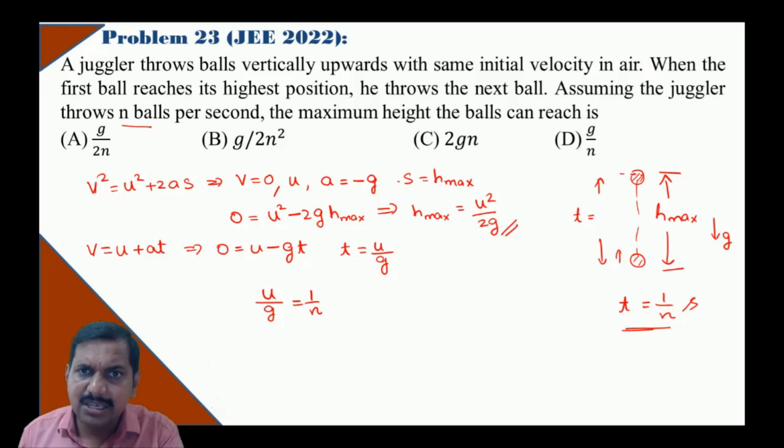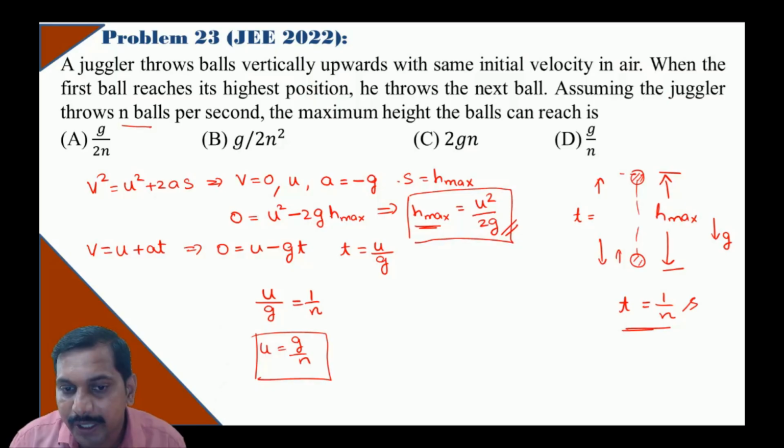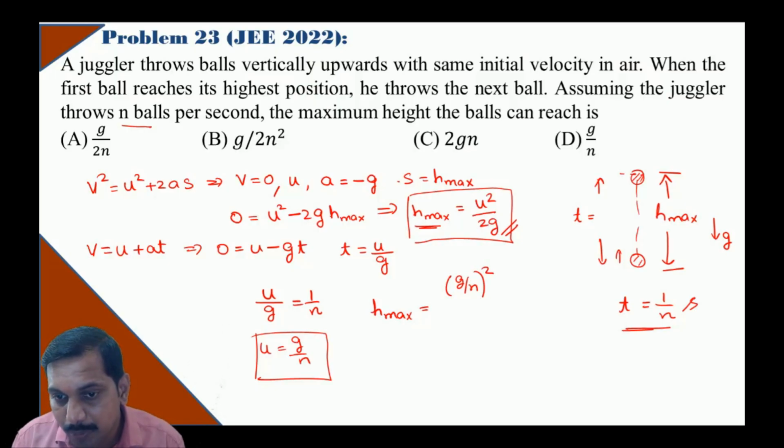Now in the answers, there is no mention of u. There is a mention of g and n, and what we need is h max. So we will use u is equal to g by n and substitute it in equation one. H max is equal to g by n, the whole square, divided by 2g.